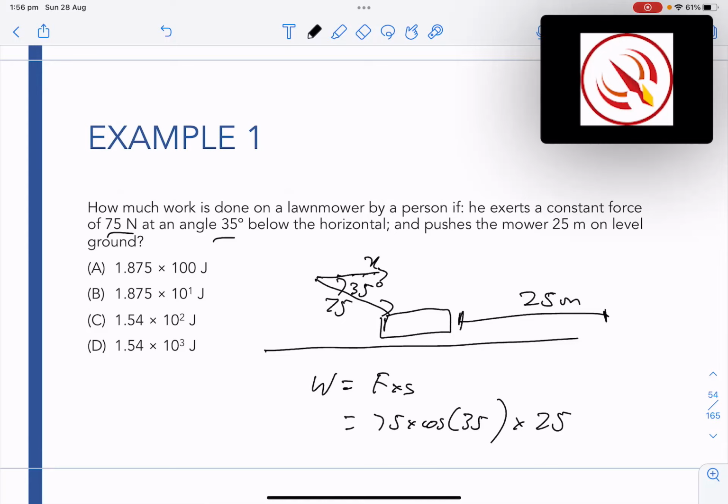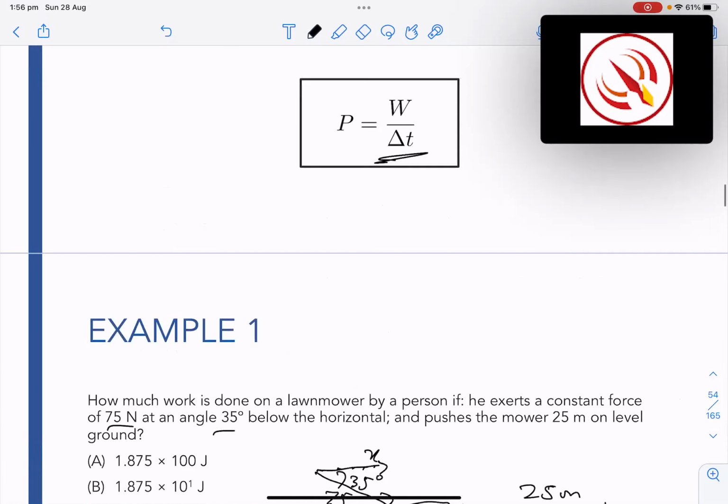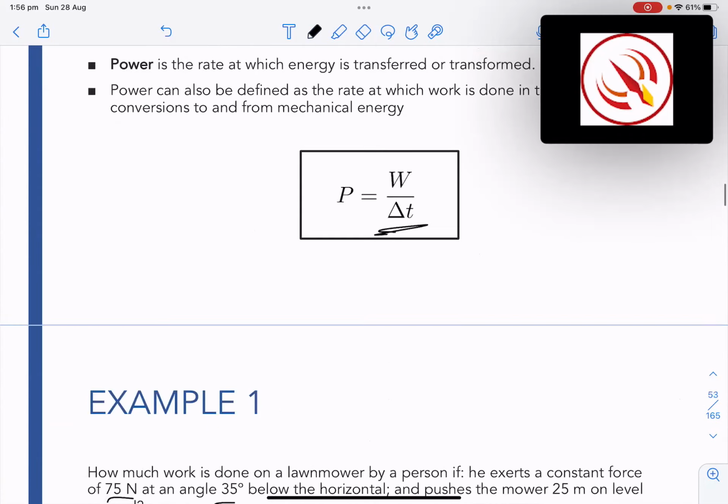We get 1535.91, or in standard notation, 1.53591 times 10 to the 3. In joules, because work is force times displacement, and work is all in joules. Same with all the quantities in this module. So just get used to writing in joules or kilojoules when asked to.